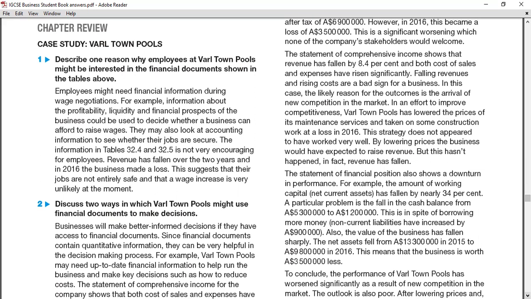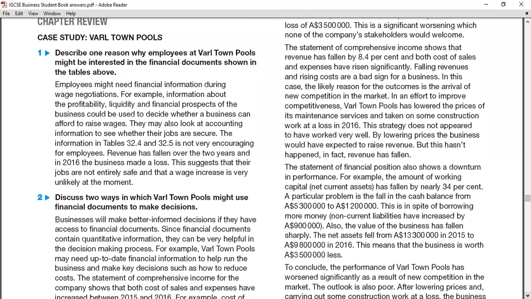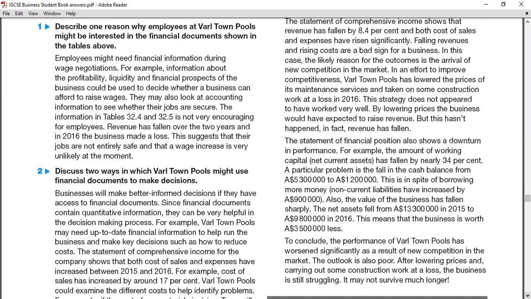Non-current liabilities have increased by 900,000 Australian dollars. Also, the value of the business has fallen sharply. The net assets fell from 13,300,000 Australian dollars in 2015 to 9,800,000 Australian dollars in 2016. This means that the business is worth 3,500,000 Australian dollars less.